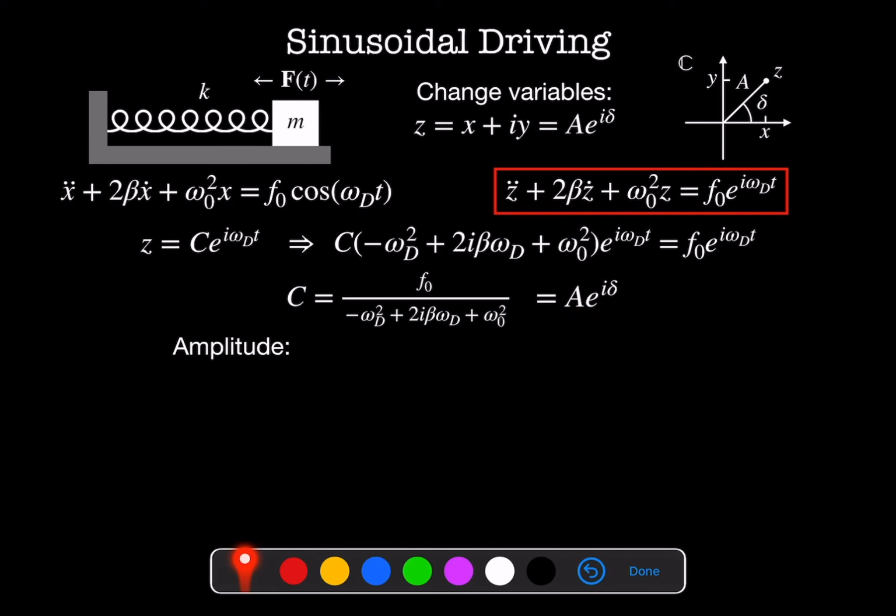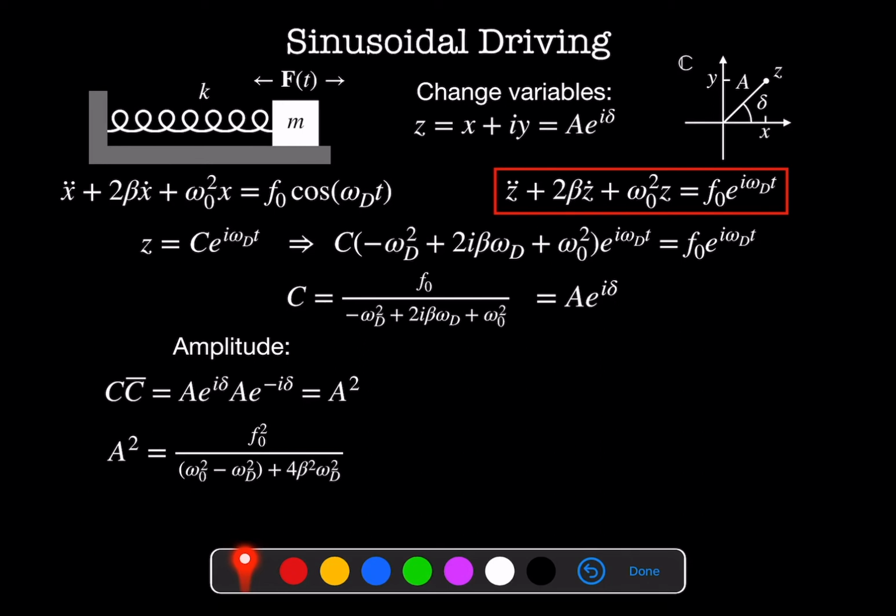So for the amplitude portion of it, I'm going to take C and multiply it by its complex conjugate. This basically means I take the real part as the same, but I switch the sign of the imaginary part. So this tells me that I have e to the i delta times e to the minus i delta times A squared.